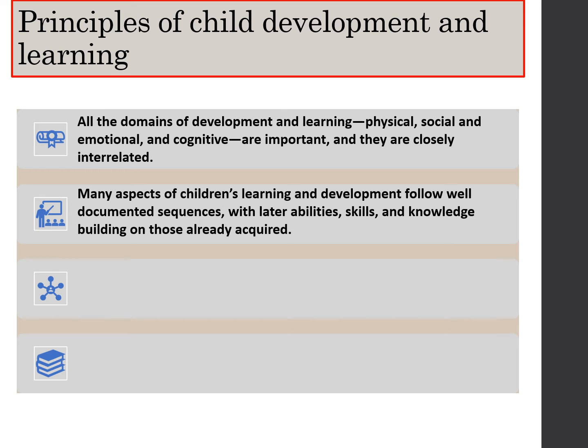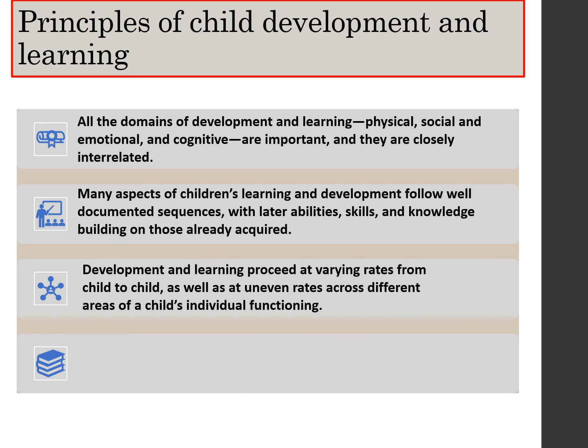Predictable changes occur in all domains of development, although the ways that these changes are manifested and the meaning attached to them may vary widely in different cultural and linguistic contexts.